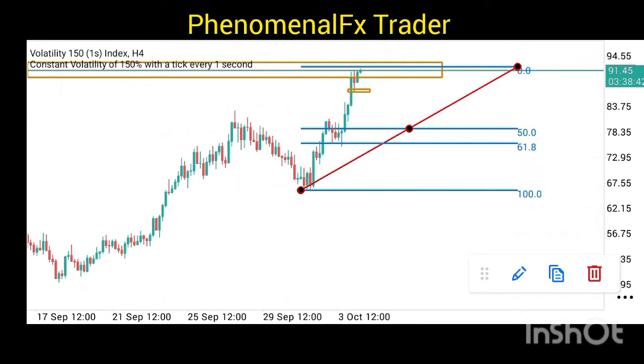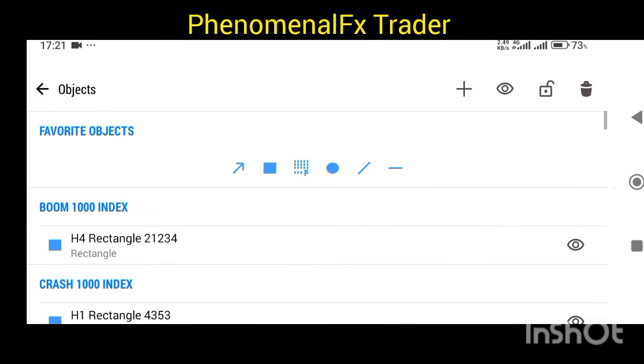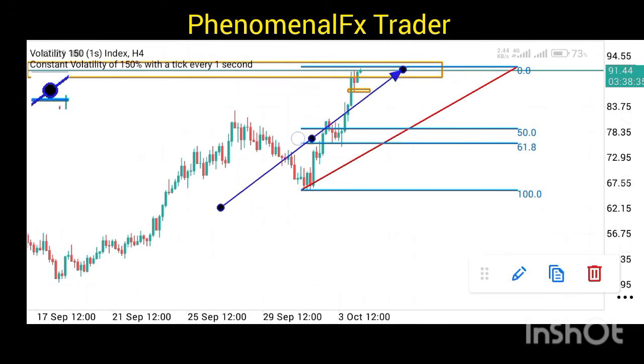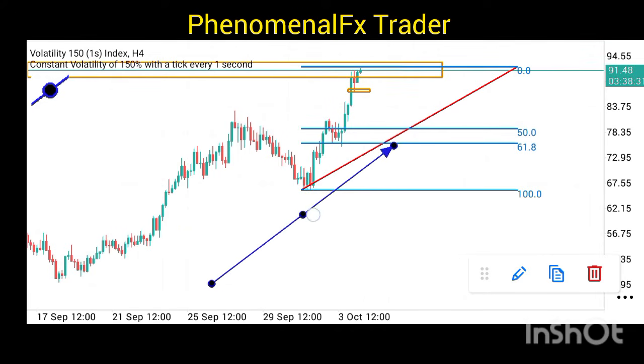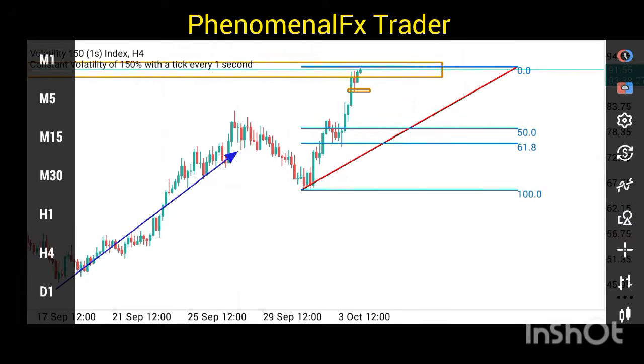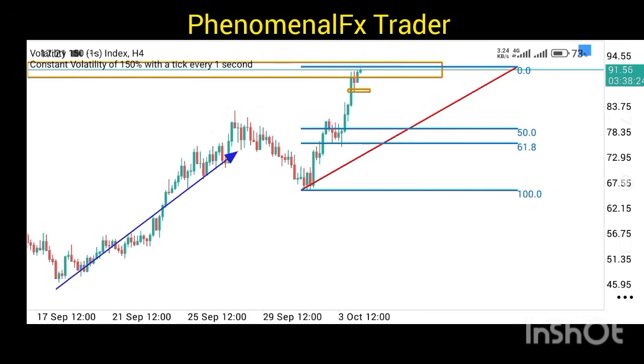So if the market is pulling back from the current zone, and it gets back to this level here, where we have this golden zone, it is going to buy. There's a very high chance that is going to happen.